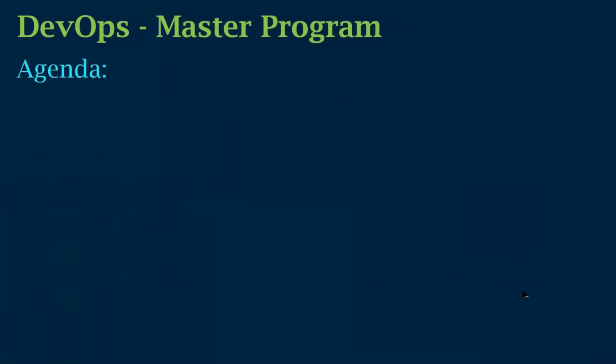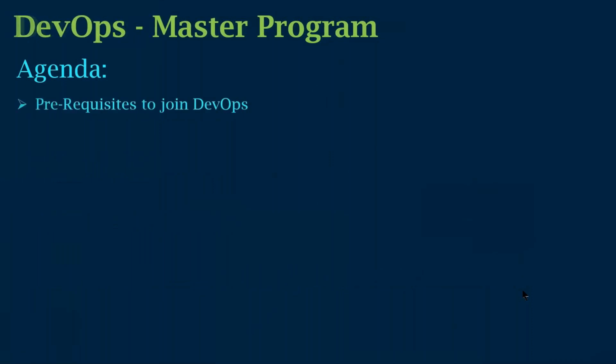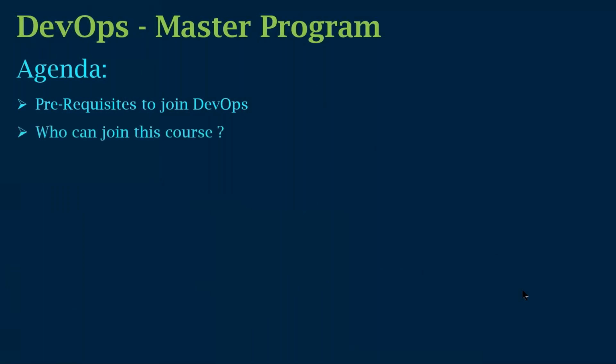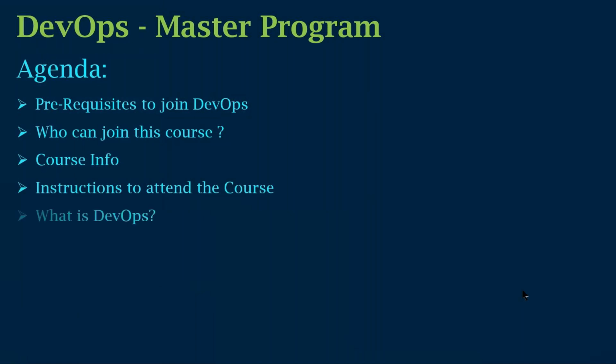Today's agenda is: what are the prerequisites to join DevOps, and who can join this course, who can learn this DevOps course. Then course information and instructions to attend this course. What is DevOps?